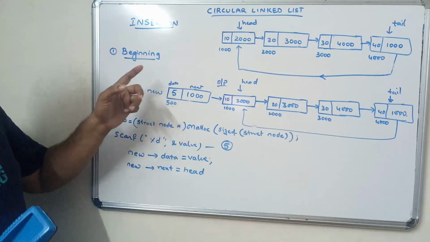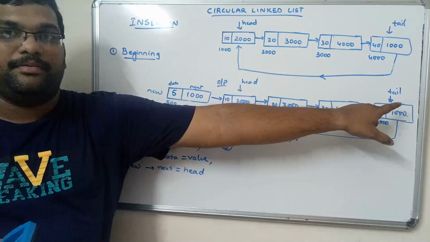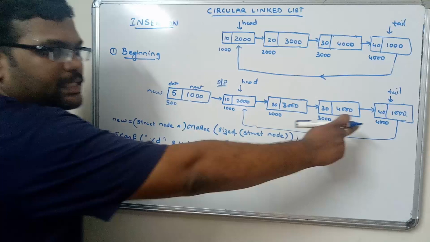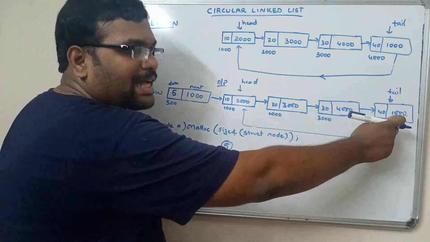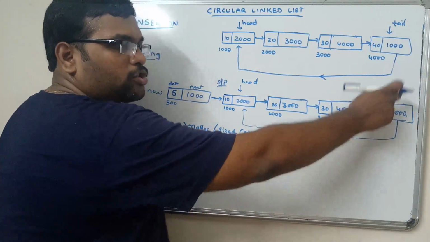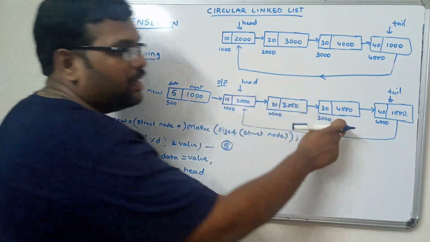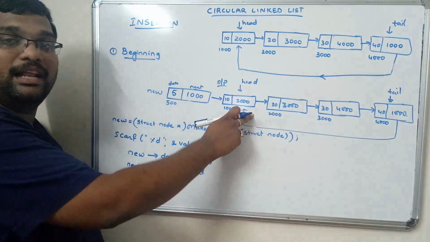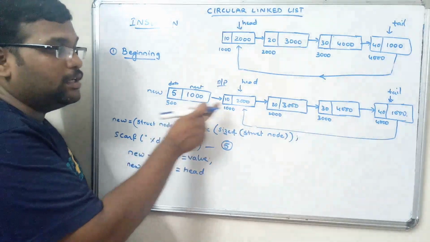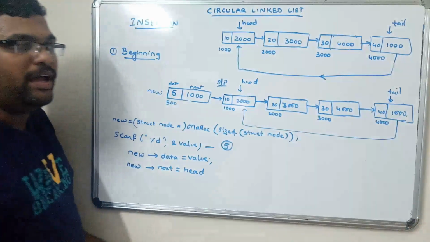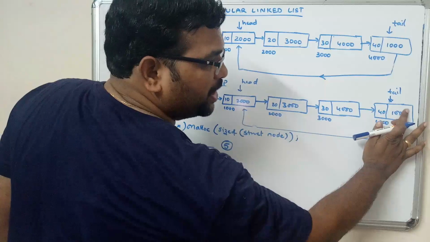Now we have to change the tail, because according to this, the tail, that means the last node, should hold the address of the first one, but here it holds the address of the second element after inserting the new one. So we have to change the tail. Where should it be changed? This position.